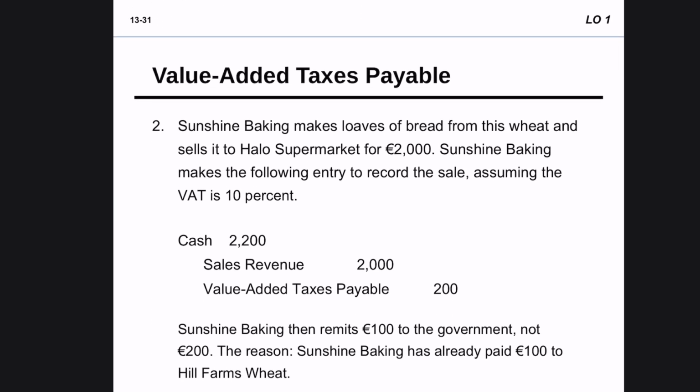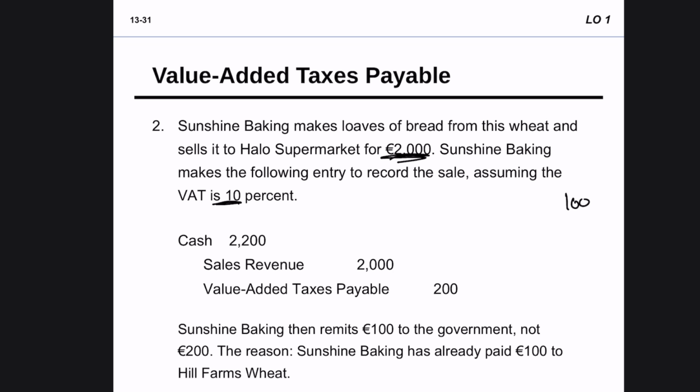And then Sunshine Baking takes the wheat, makes the dough and the bread, and then sells it to the supermarket. Sunshine Baking makes loaves of bread from this wheat and sells them to Hello Supermarket for 2,000. So Sunshine Baking makes the following entry to record the sales, assuming the VAT is 10%. Keep in mind that we've already paid the government 100 from that wheat.